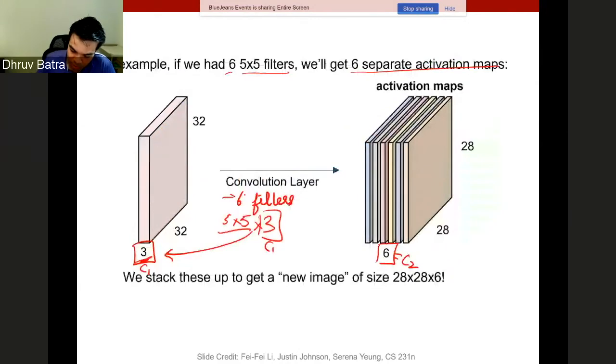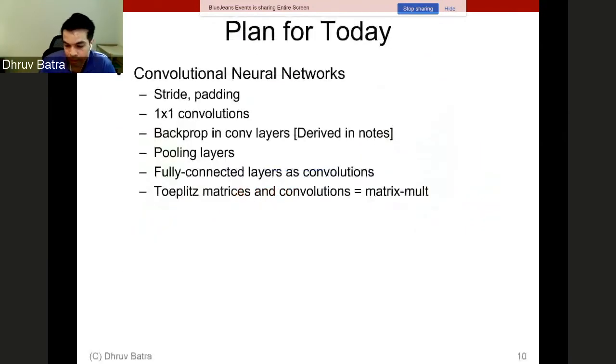For example, if you have 6 filters of size 5 by 5 by 3, you will end up with 6 as the number of channels as the output of this layer, which will then serve as input to the next layer. And this choice of 6 is a design choice. Okay, so that's where we were.